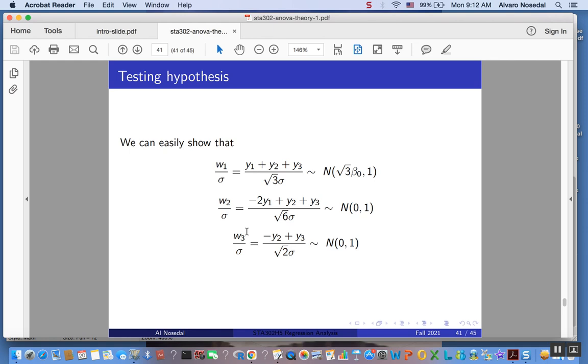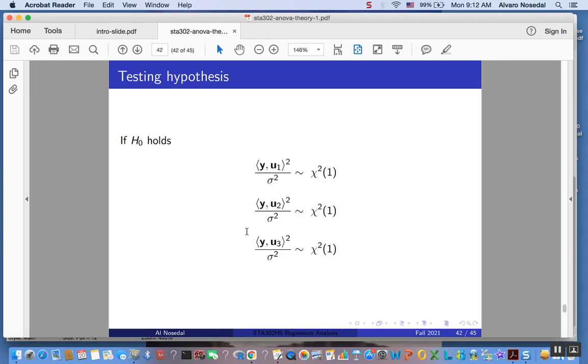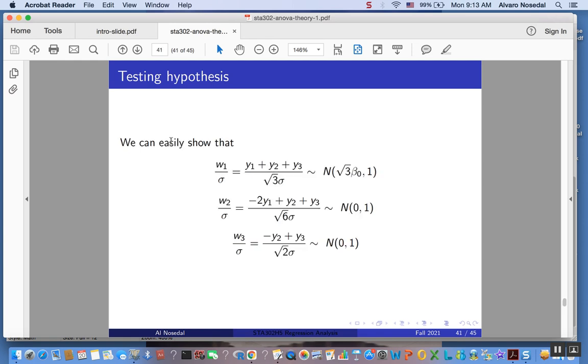Now, if you recall from either Statistics 256 or Statistics 260, if you have a normal 0, 1 and you square it, then you end up with a chi-square with 1 degree of freedom. So if the null hypothesis is true, and the null hypothesis is that beta 0 is 0, then you have a normal 0, 1 for the first component.